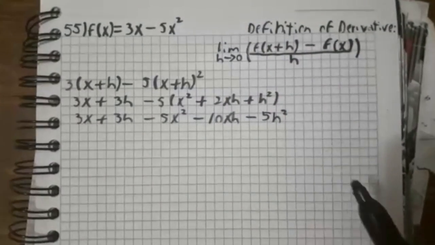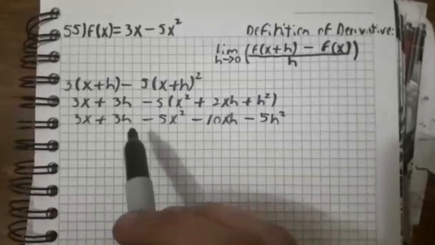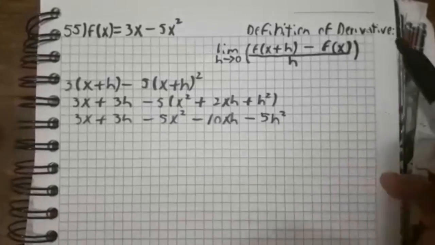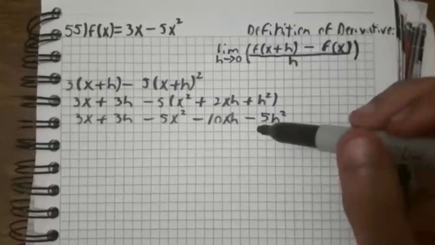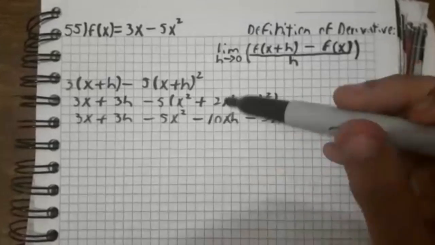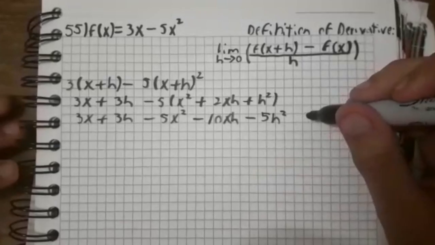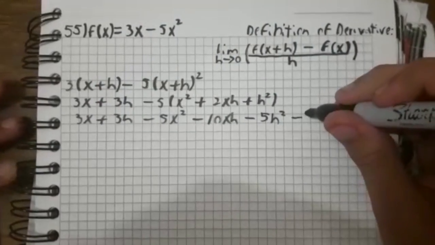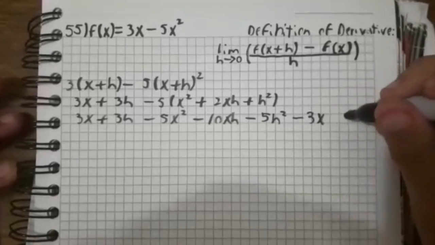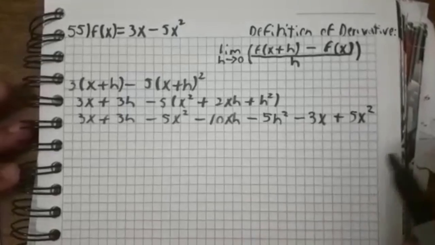All right, once we have that, we simply need to stick this whole new formula onto the definition of derivative. So since this is f of x plus h, we would do that by putting minus the original function, which would be minus 3x plus now 5x squared.